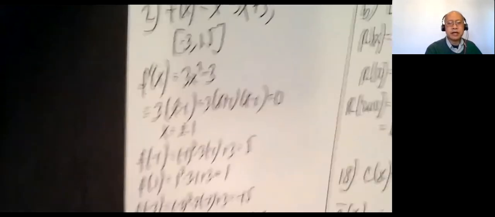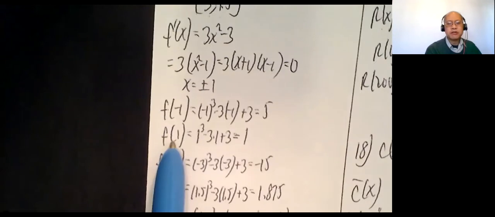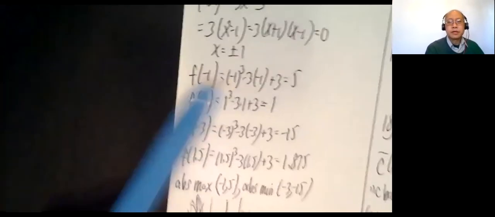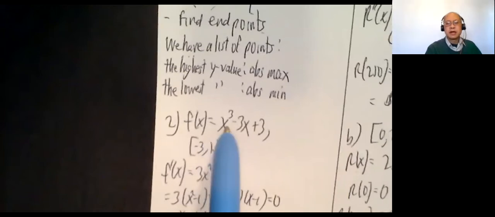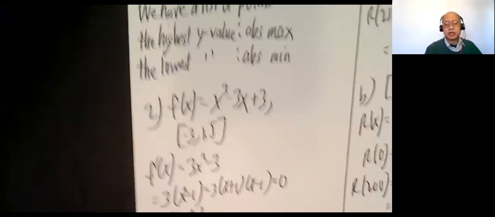Okay, so now you just plug in. Take all 4 of these. So notice -1, +1, and the endpoints, -3 and 1.5, all have to get plugged in. Okay, so I plug them into the original, x cubed minus 3x plus 3. Okay, and as usual, I won't take up class time to actually punch it in a calculator. You can punch it in a calculator as well as I can.